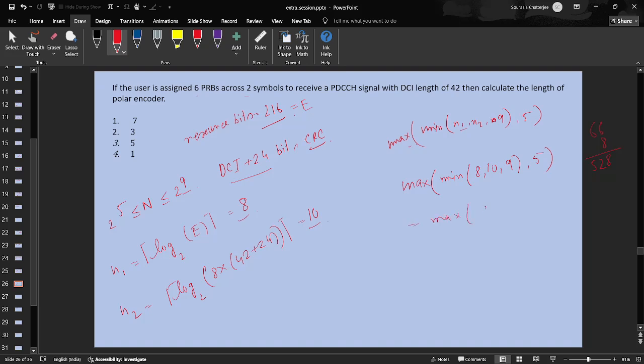So it should be 8. The polar encoder length n should be 2 to the power 8, or 256. So none of the options are correct here.